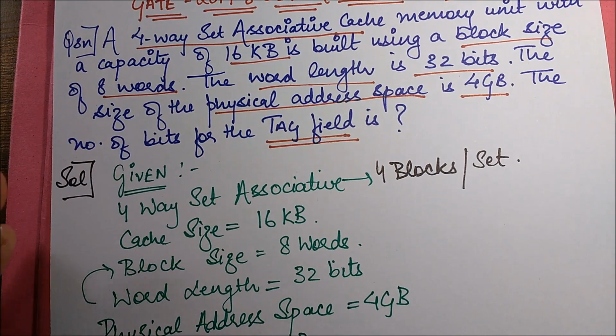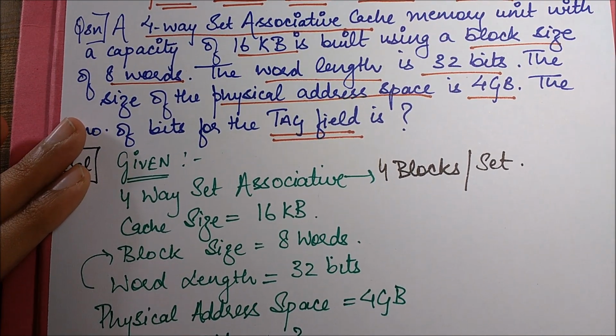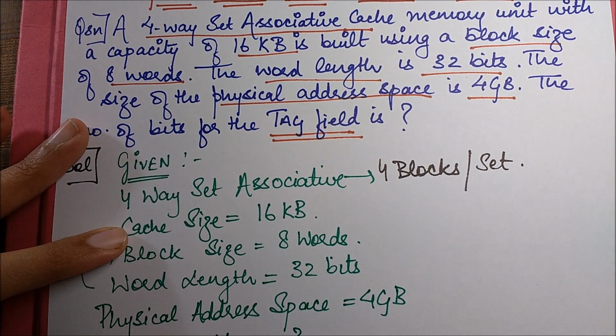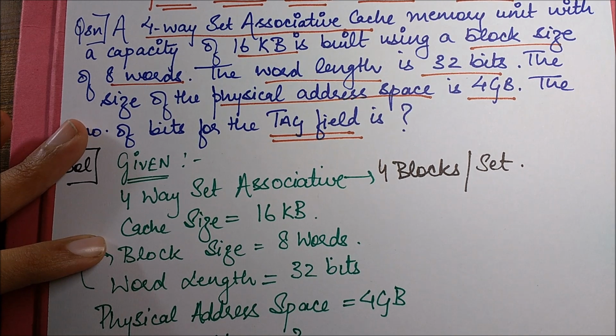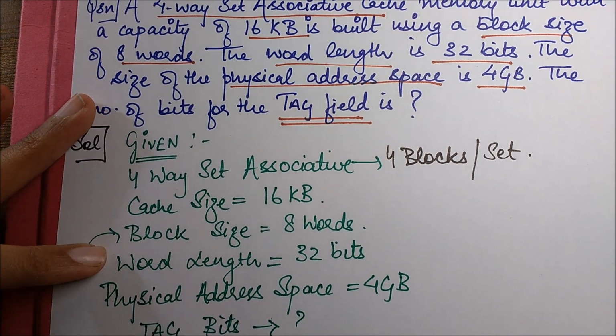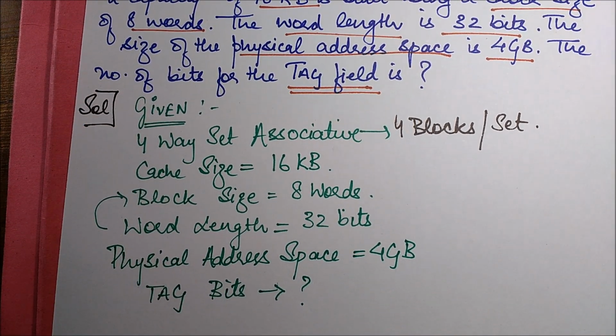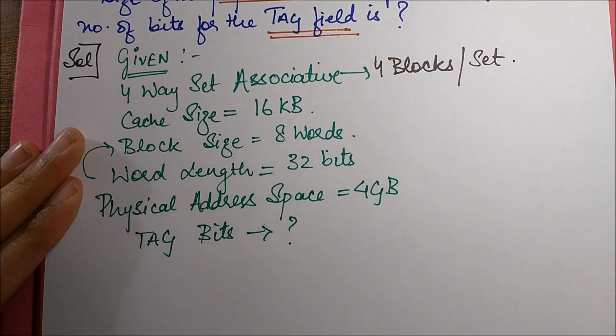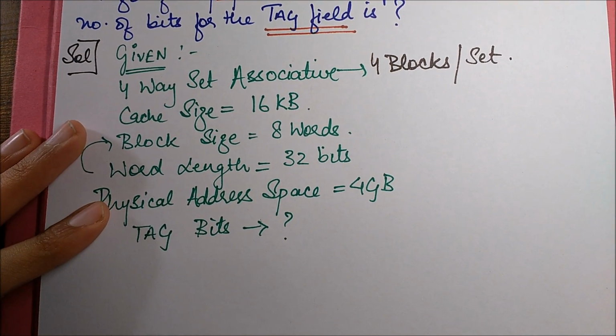Now let's simplify things. We have the cache size, block size, word length, and so on. One thing I should be very clear of: I am solving a question of the set associative mapping technique. So the next step should be to draw the diagram of the set associative mapping addressing scheme.